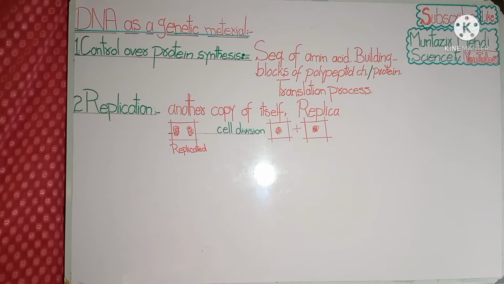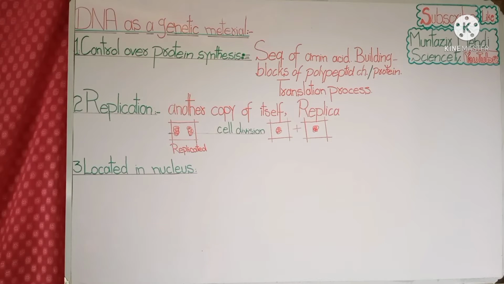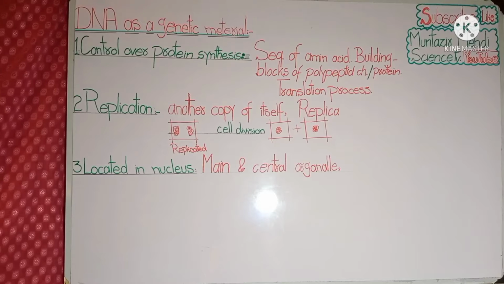The third characteristic possessed by the genetic material is that it is located in the nucleus. The genetic material is never present anywhere in a cell except the nucleus. The nucleus is the main and central organelle of a cell that contains the genetic material of eukaryotic cells.